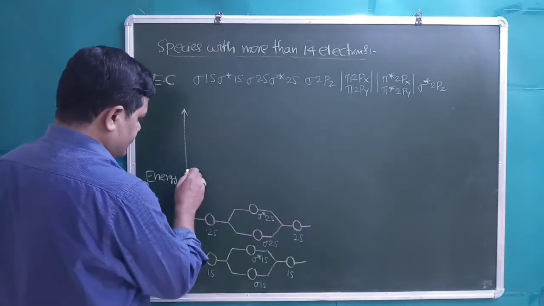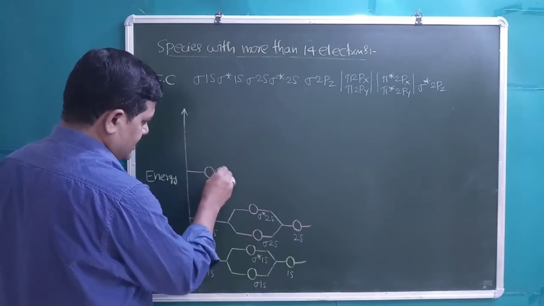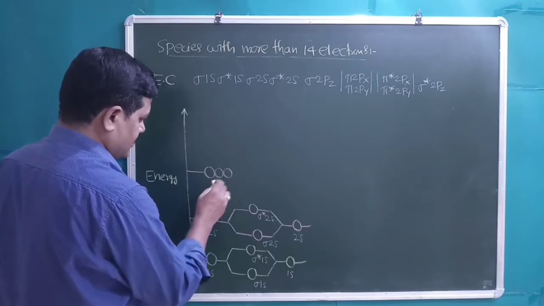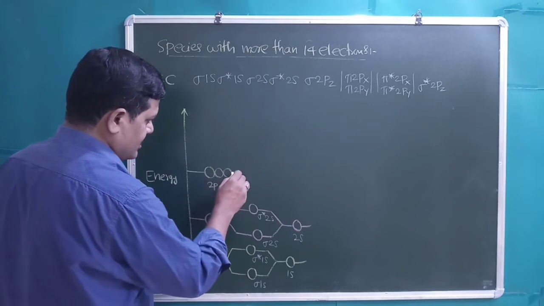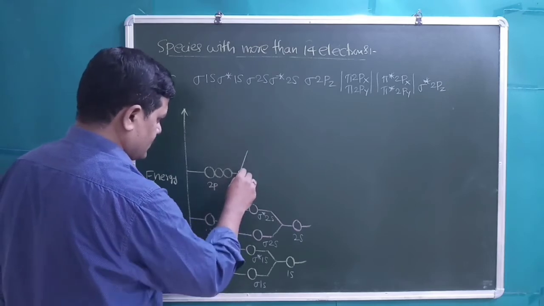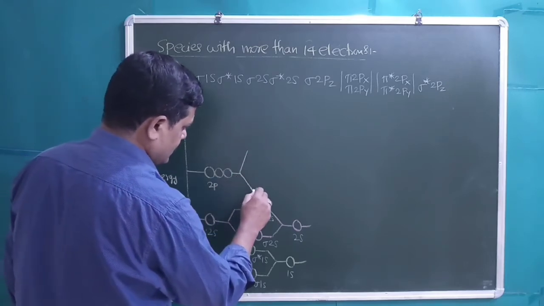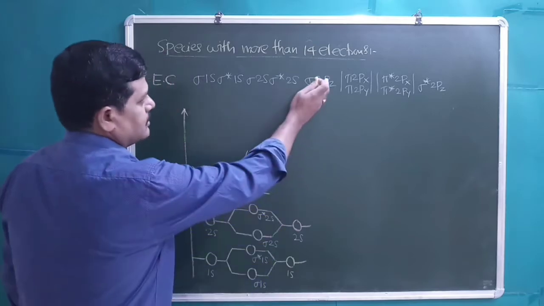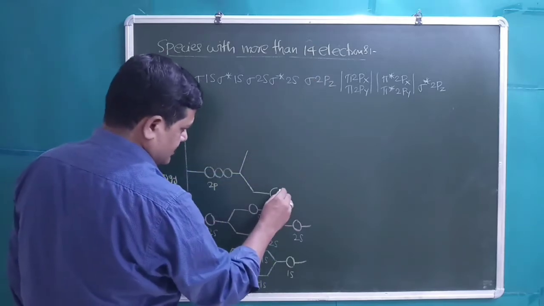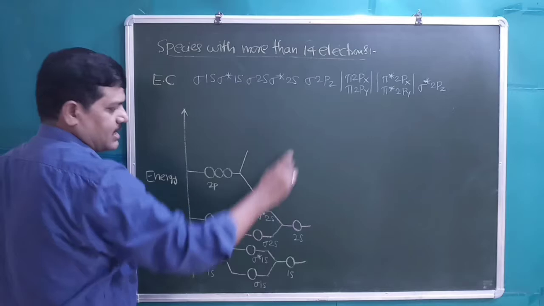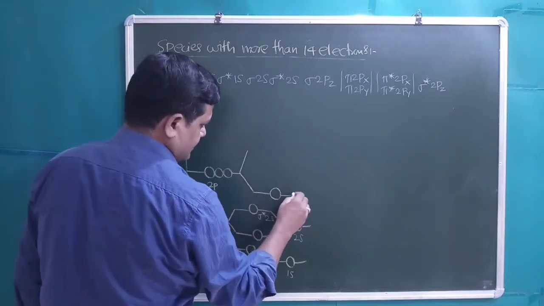Next level, the three p orbitals of 2p will combine, which gives the energy level order in which sigma 2pz is lower in energy.